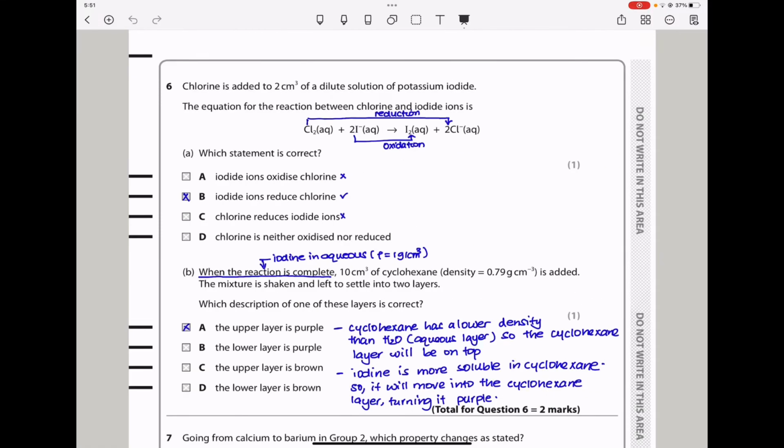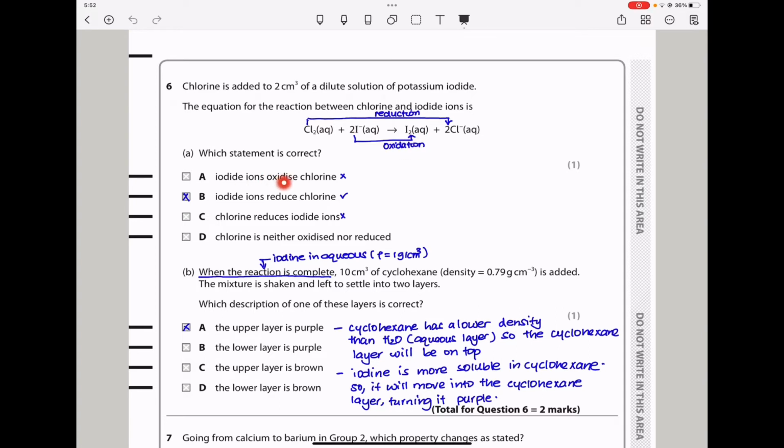Moving on to question 6. Chlorine is added to 2 centimeters cubed of a dilute solution of potassium iodide. The equation for the reaction between chlorine and iodide ions is as below. So they gave us the equation for the reaction, and they said which statement is correct. Before we answer any question, we can see that chlorine is converted into chloride, and that is a reduction reaction, while iodide is converted into iodine, that is oxidation.